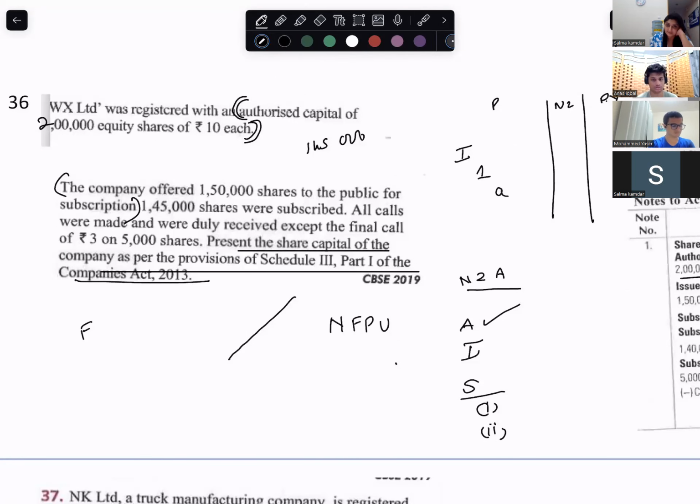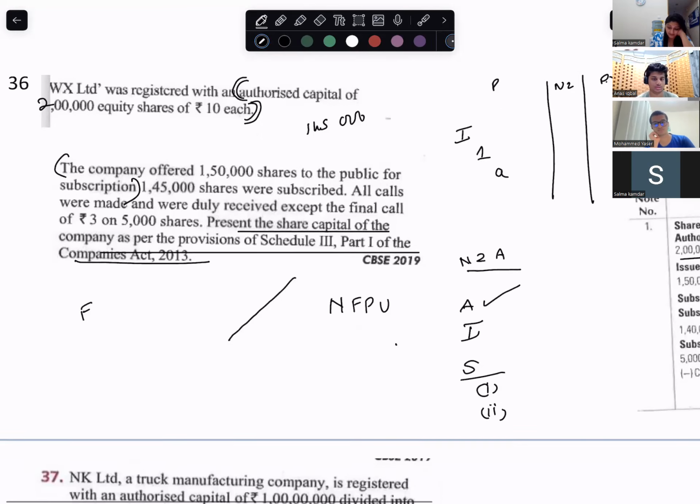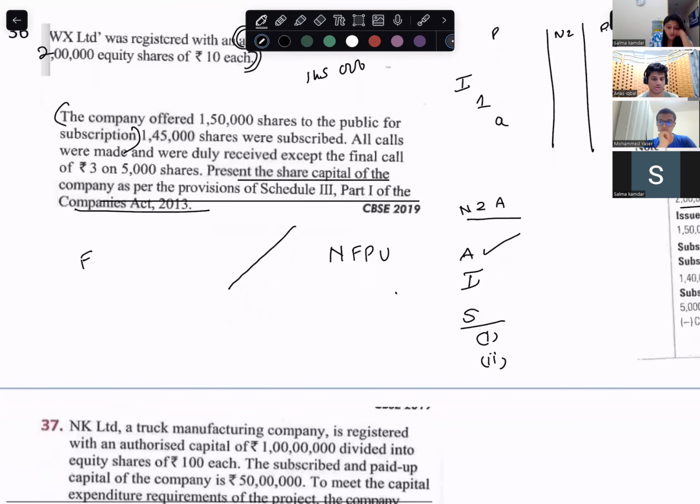Read properly. All the calls were made. So if you have made all the calls, it is subscribed and fully paid up, because they are telling you everything is made.